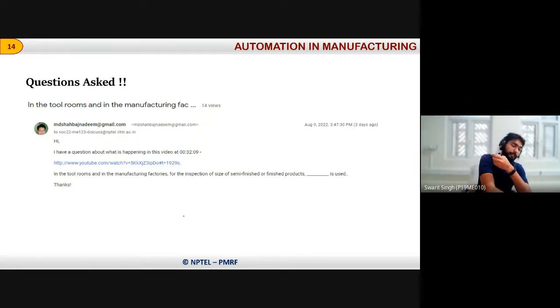Don't disappoint me. Suppose you have a bottle, like this drinking water bottle you already have. If you want to measure the size of this bottle at your home, what instrument will you use?